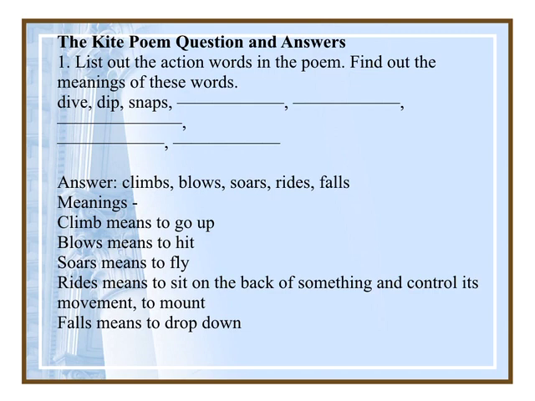Its meanings are: climb, to go up; blows means to hit; soars means to fly; rides means to sit on the back of something and control its movement, to mount; falls means to drop down. You have to write these exercise in your notebook with beautiful handwriting.